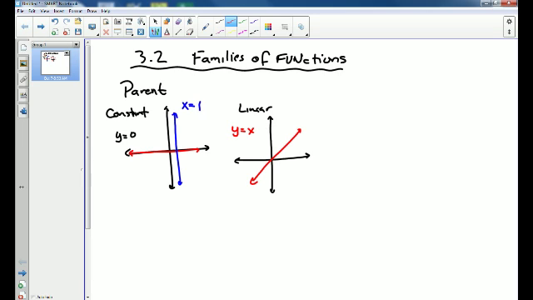So based on that parent graph, you can change the slope or you can change the y-intercept, and I'll show you how to do that. Now you already know how to do linears. I'm still seeing a few issues on the quizzes, so we'll get this again. But I'll show you how to move these up and down, left and right.